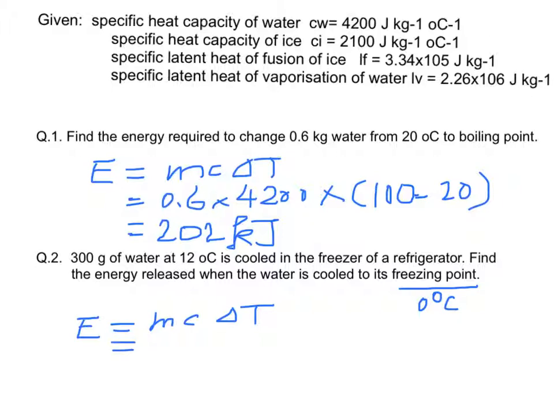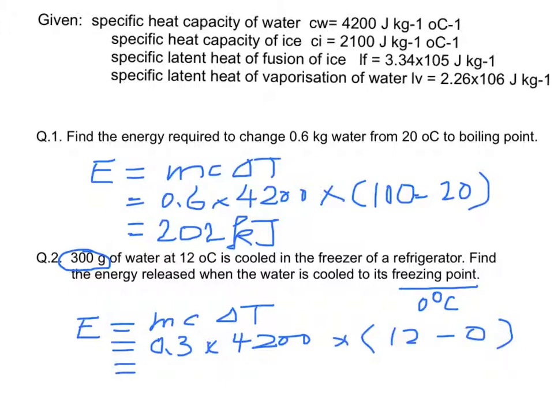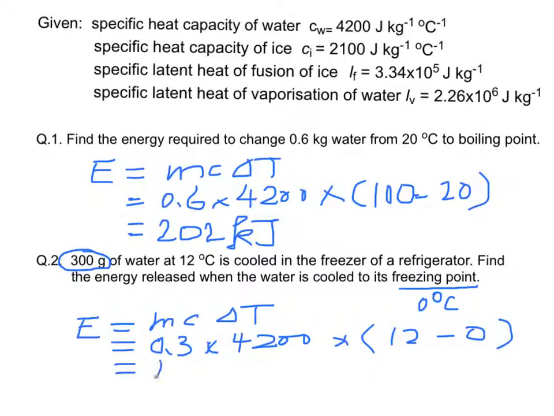E equal to 300 grams, the mass we change into kilogram, which is 0.3 kilogram. C of water is 4,200. And the temperature decrease will be 12 minus 0. Therefore, the energy released in this case will be 15,120 joules.